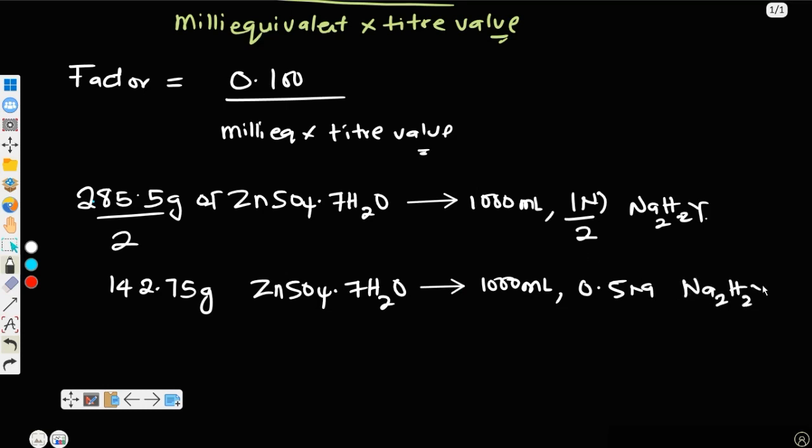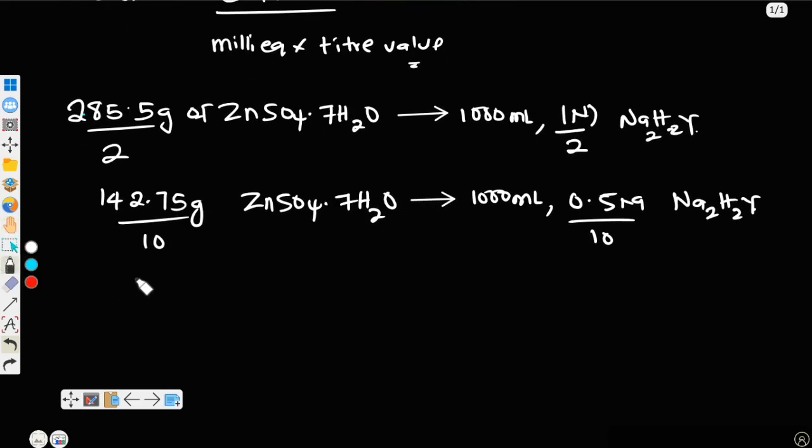But what you are looking for is 0.05, so you are going to divide here by what? 10, and you have to divide here by 10 too, so that at the end of the day, when this cancels this, it's going to give us 14.275 gram zinc sulfate heptahydrate, right?